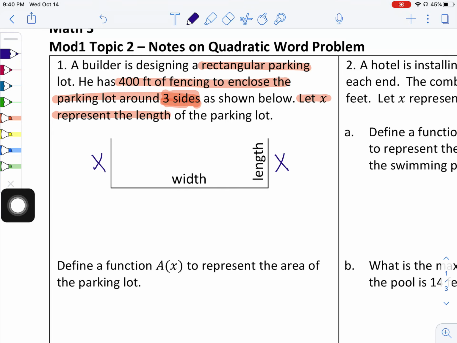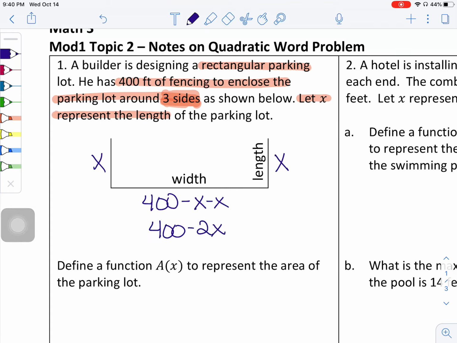But what I can do is take the total fencing and subtract off the fencing that would have been used for each of the 2 lengths. So 400 is my total, and then if I subtract off this length over here on the left and subtract off this length over here on the right, then that would give me the width. So this width is 400 minus 2x.